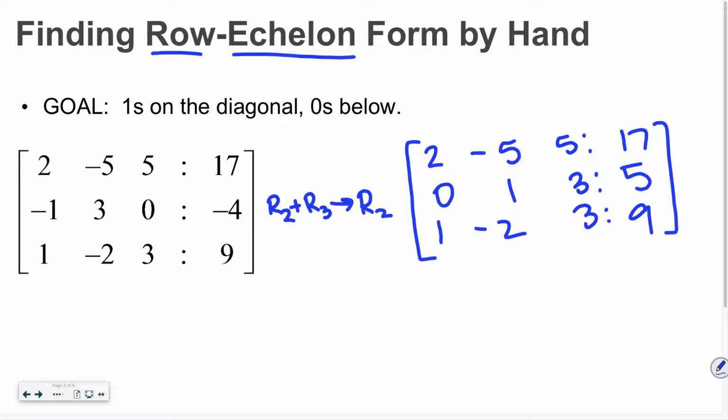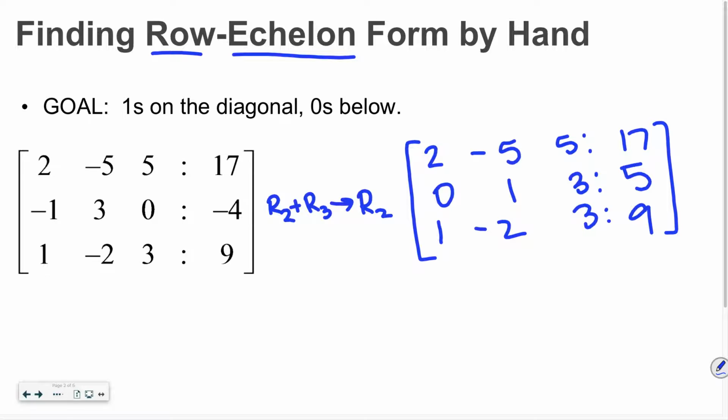So now what we need to focus on, we need our first row to begin with a 0, and we need our second row, or our third row, to begin 0, 0, 1. Okay? We don't have to get that accomplished all at the same time, but we do know that we can switch rows, we can multiply rows by a number, and we can add multiples of a row to another. Okay?